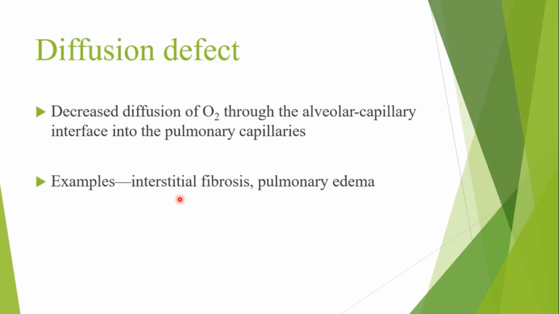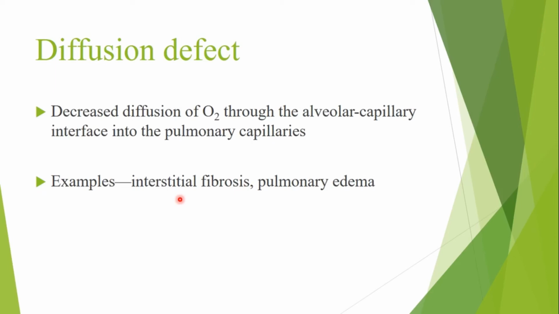Another cause of hypoxemia is diffusion defect. Recall that oxygen has to diffuse from the alveolus into the capillary, and there is a membrane called the alveolar capillary membrane. Anything that can increase the thickness or prevent the diffusion of oxygen from the alveoli into the pulmonary capillaries can result in hypoxemia.